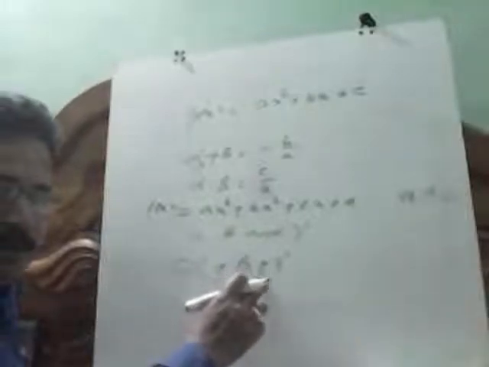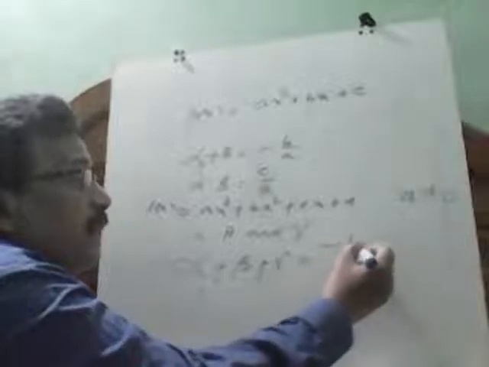First relation: alpha plus beta plus gamma equals minus b by a. Then alpha into beta plus beta into gamma plus gamma into alpha equals c by a.